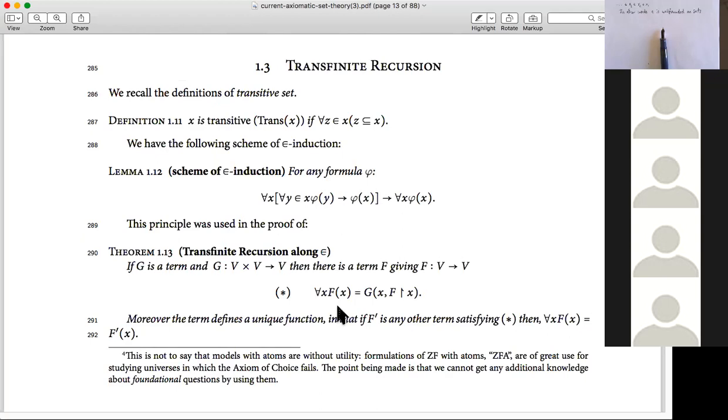So this gives us a scheme of epsilon induction. Suppose I want to prove that all sets in the universe have some property phi.